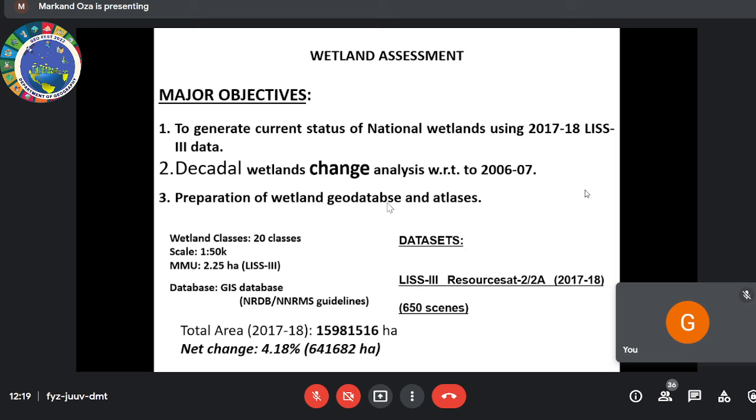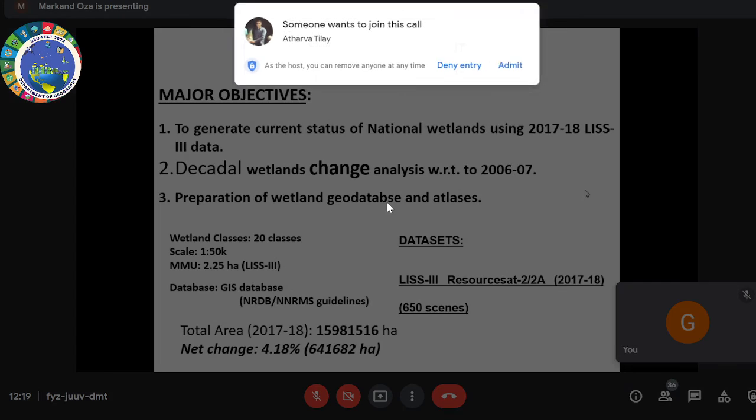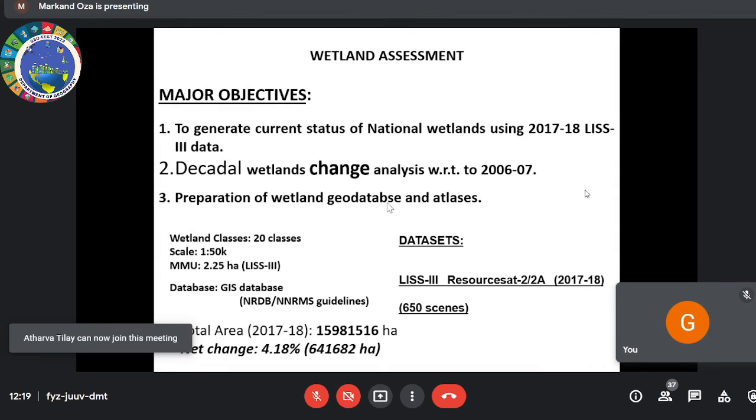Water is very easy to identify even in optical data. And the Supreme Court doesn't know what is optical data, what is resolution, what is microwave data. They simply said, first quickly give us the number of water bodies in 2006-7 and what is it now. So for that, 2017-18 data was acquired, and first is the number, and then a little later give a detailed analysis of area.